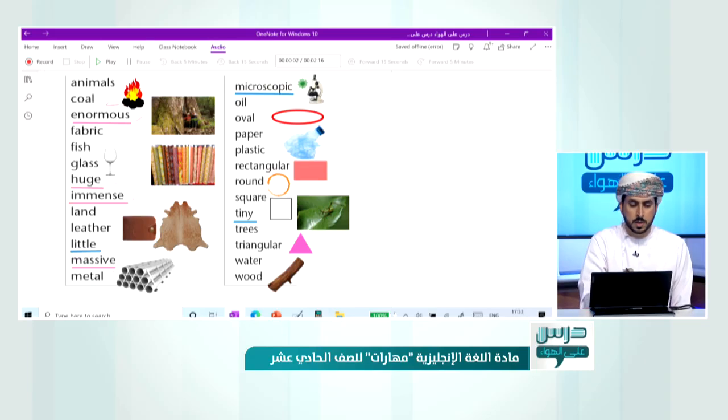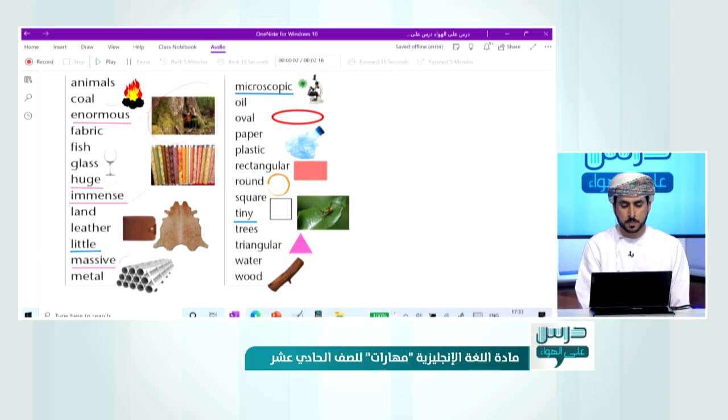The first one is enormous. The second one is huge. The third one is immense. And the last one here is massive. All these words mean very big. You can see this photo, for example.